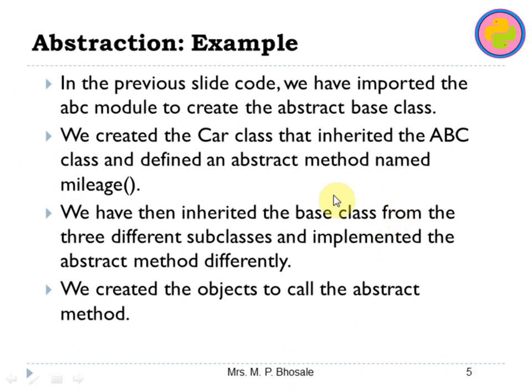As I told you, we have imported the ABC module to create the abstract base class, and Car becomes the abstract class because it is inheriting the ABC class, and the abstract method is mileage. We have then inherited the base class in the 3 different subclasses. We created the object to call the abstract method of the particular class.